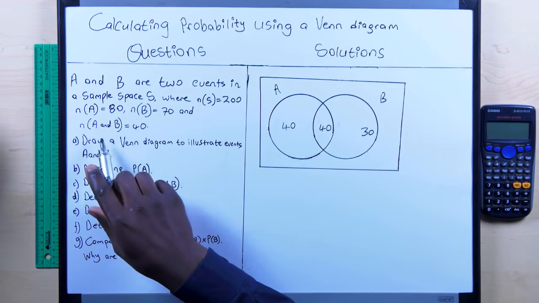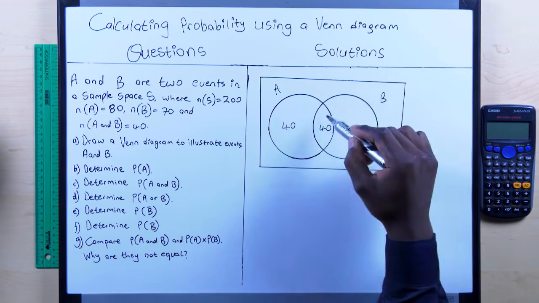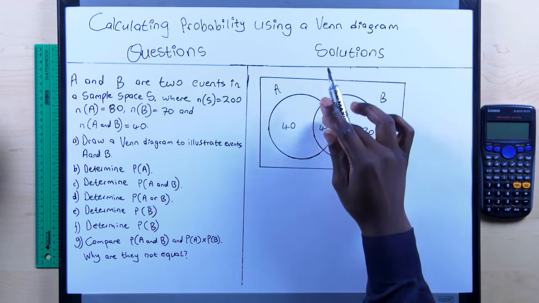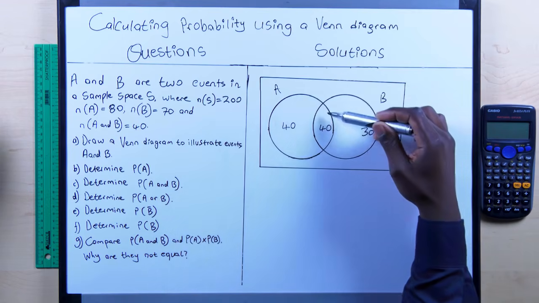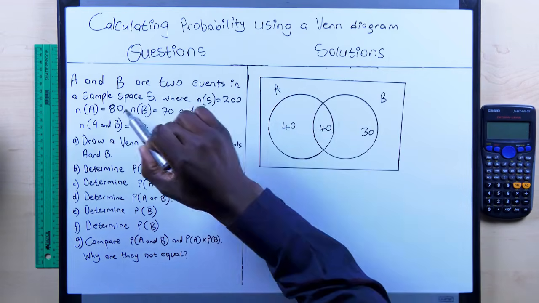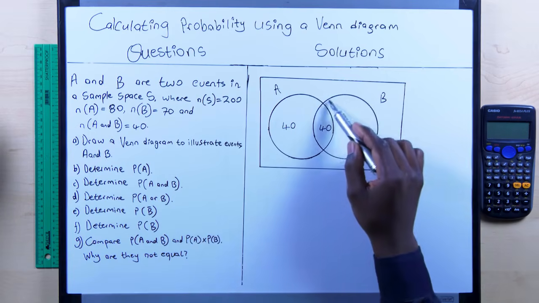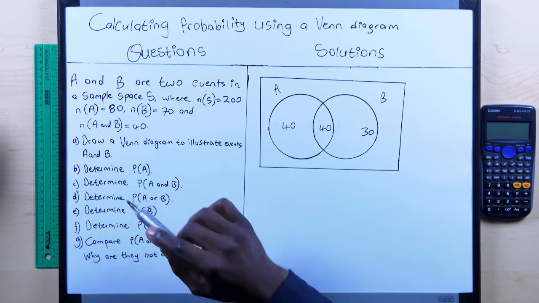Why do they share this 40? Because this is A combined with B. This is where they meet. They share 40. So you can still see that this circle is A: 40 plus 40, 80. This circle is B: 30 plus 40 is 70.